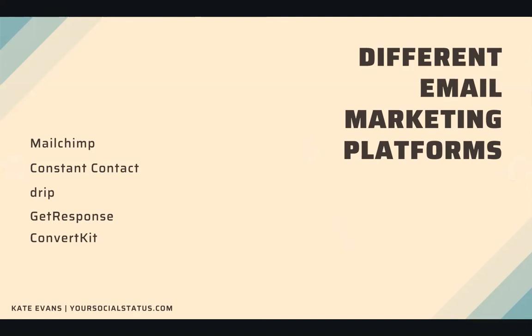So yes, these are all email marketing platforms, but some of the free features or paid features or just basic infrastructure of the platform are going to be different. There's a plus and minus for each of these, but I think Constant Contact's probably one of the most well-known. It's just not a personal favorite of mine, so that's the only reason. There's nothing bad about it. I've just been a Mailchimp person from the beginning.